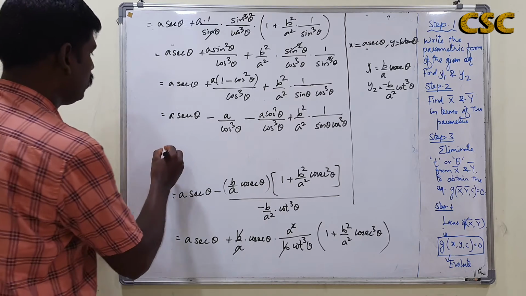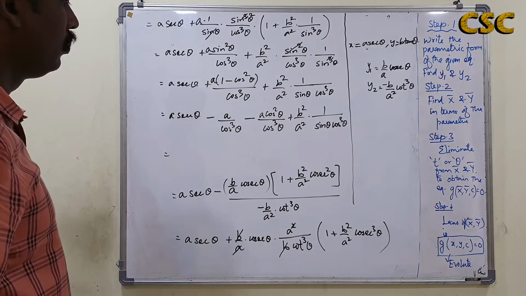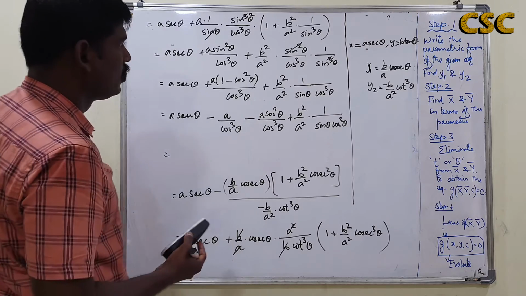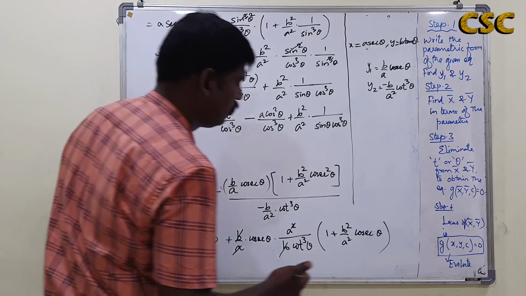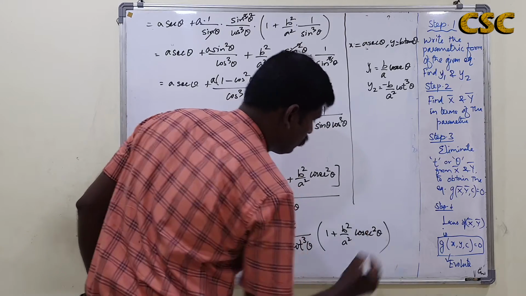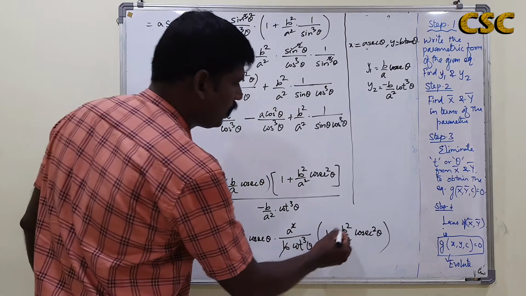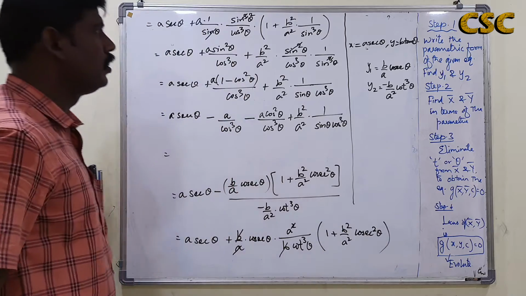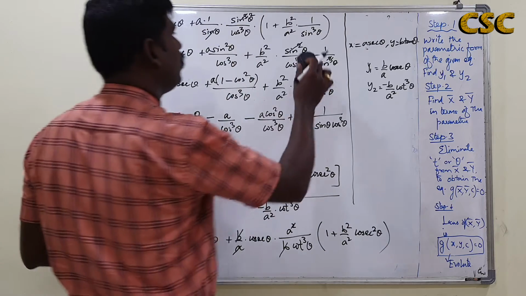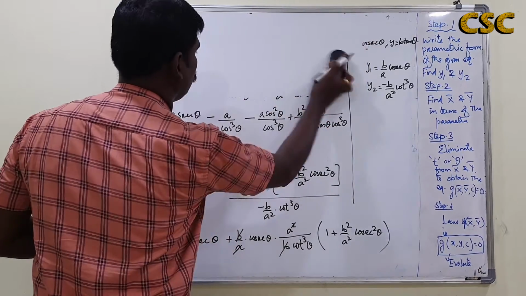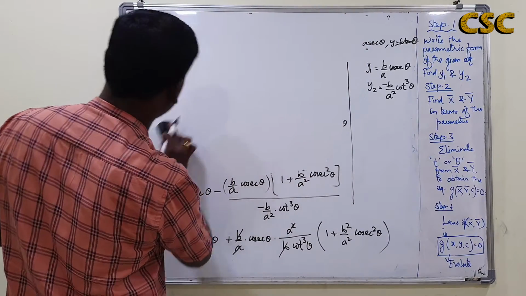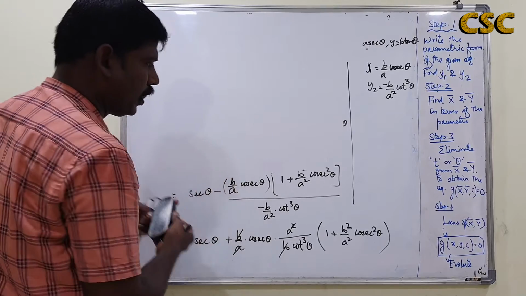Isn't it? Right? What am I mistaken here? Sorry. Here is the value of, it is square, isn't it? 1 plus b square by a square into cosecant square theta. So here I correct it now. Okay, right?